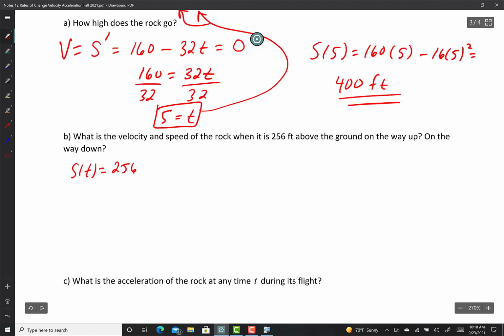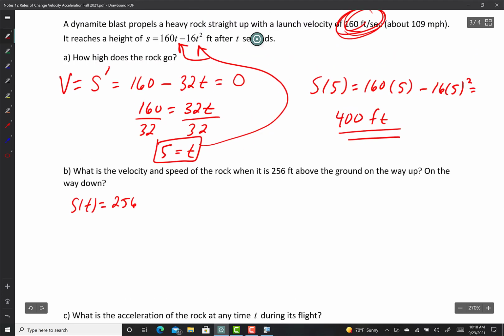Does everyone know why I'm doing that? It says, what is the velocity and speed of the rock 256 feet above on the way up and on the way down? So I need a time. So how do I get my time? I have a position equation. So I'm going to set my position equation equal to 256 to see the times that I'm going to get when I'm on the way up and when I'm on the way down.